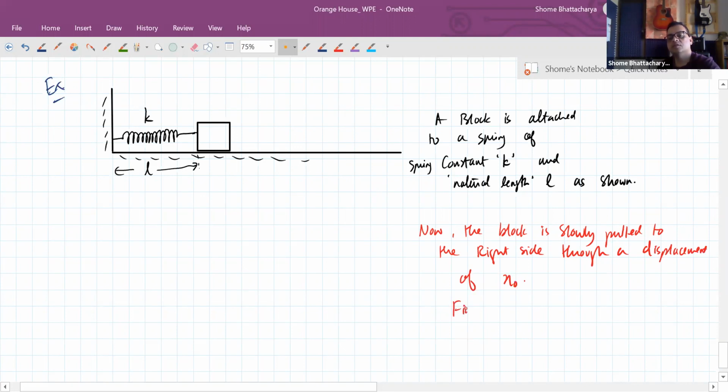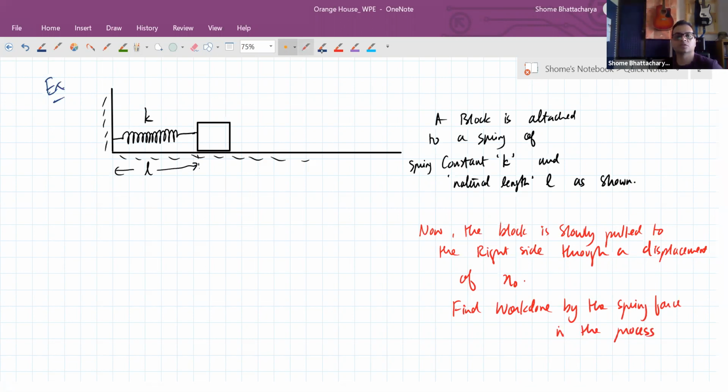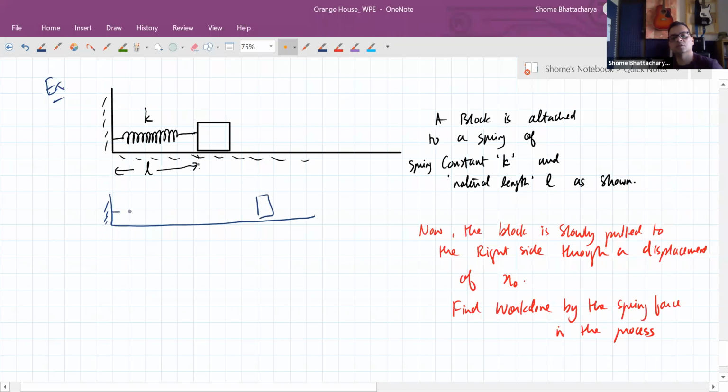So you want to find the work done by the spring force in the process. So from here, what we start doing is we start applying a force on the block in order to pull it from here to this kind of state.